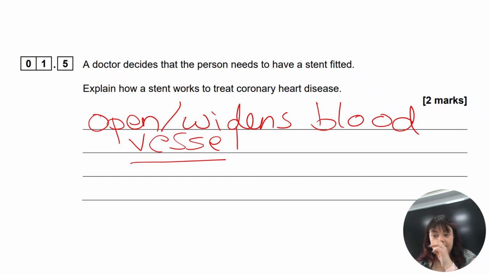I do need to see that you have widened a blood vessel. Really important. Or that you are mentioning that it keeps the vessel open. Or it might be a description. So if you've described the whole process where you've got the little metal cage, the actual stent that you put in, and then there's a little balloon that inflates it and opens it up, that's fine as well.